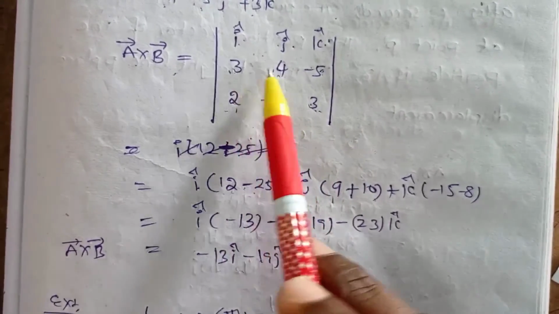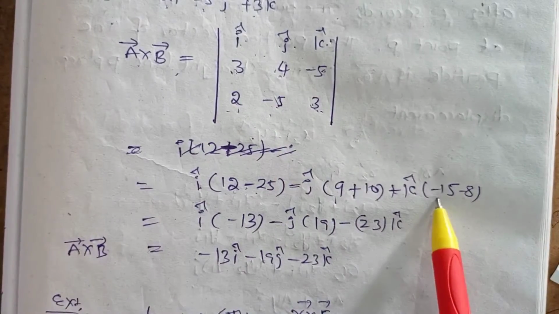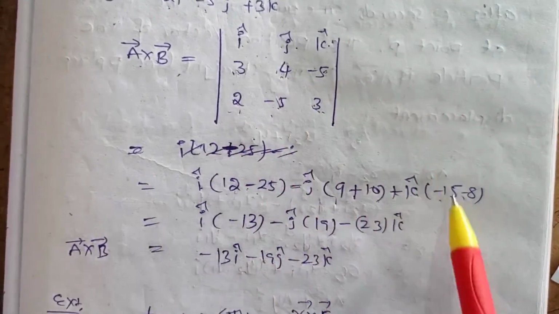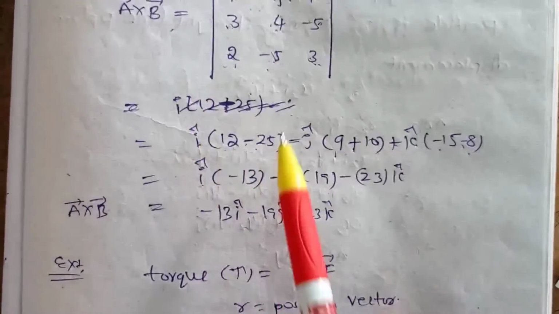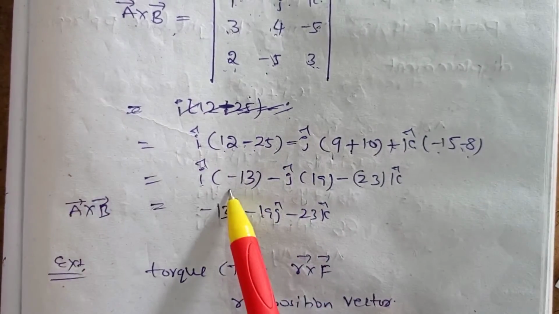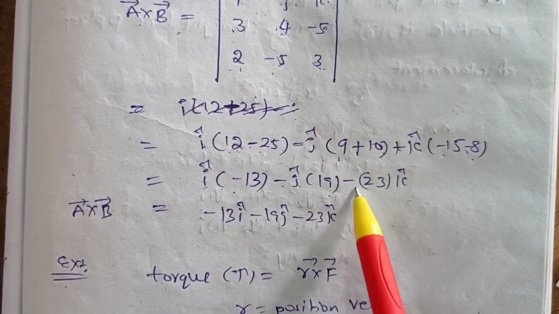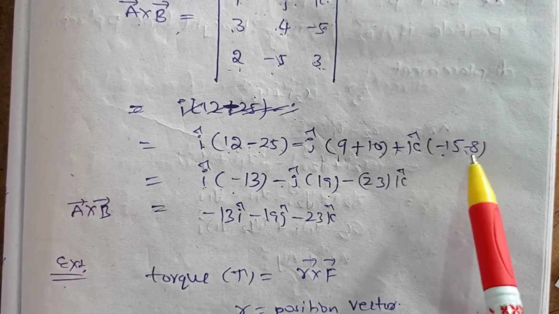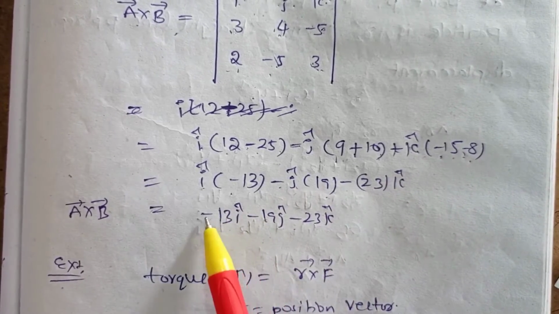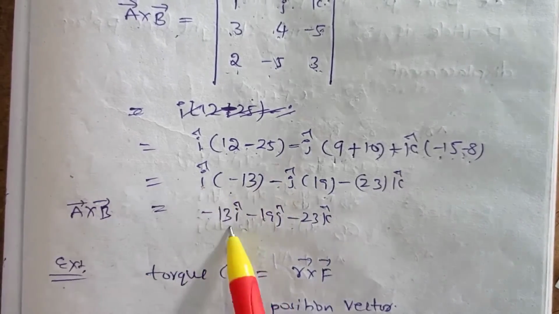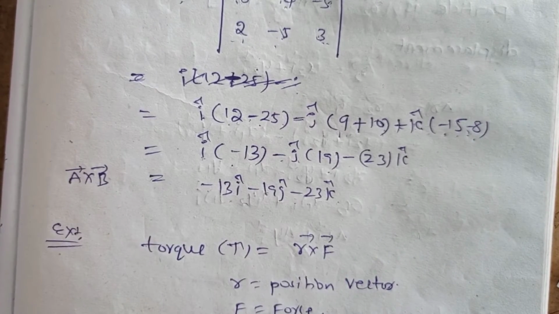We take the product of these four terms: 3 into -5, -15, minus 2 into 4, 8. So i cap 12 minus 25, that is -13, minus j cap 9 plus 10, 19, minus k cap -15 minus 8, -23. So if we write this, -13 i cap minus 19 j cap minus 23 k cap.